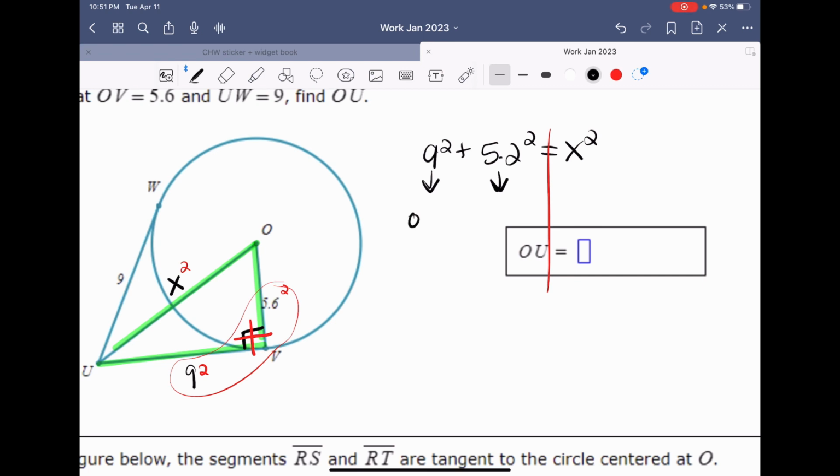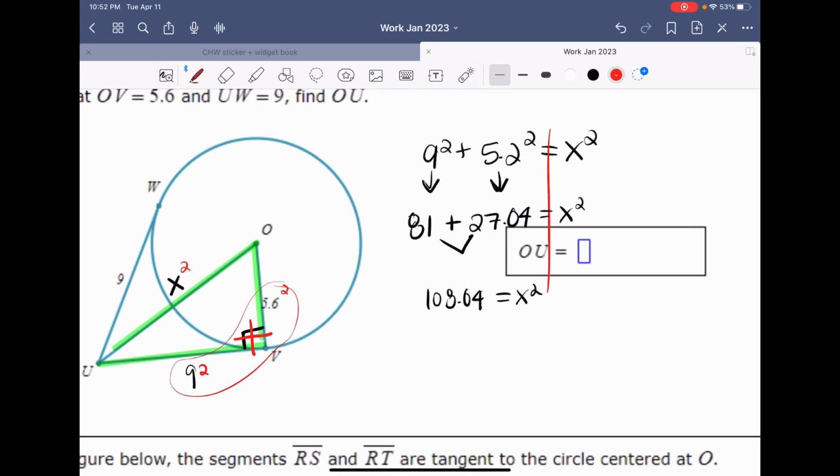9 times 9 is 81. And then 5.2 squared is 27.04. And we get x squared. We're going to add these together. Plus, so we get 108.04.